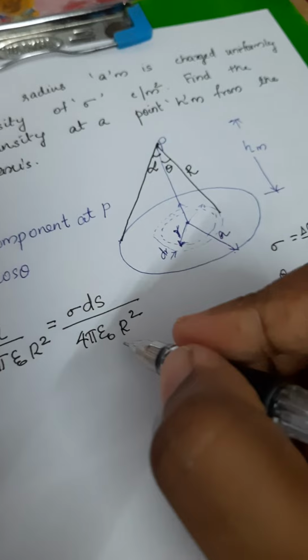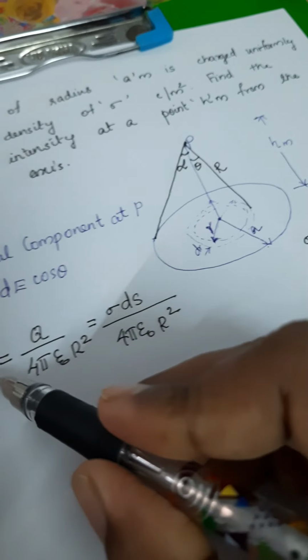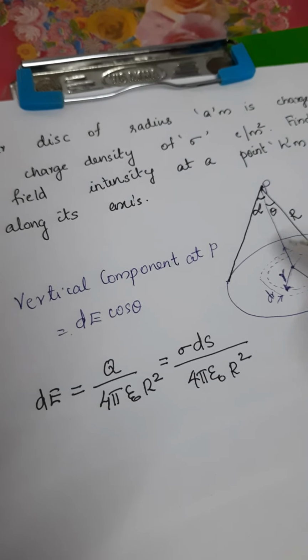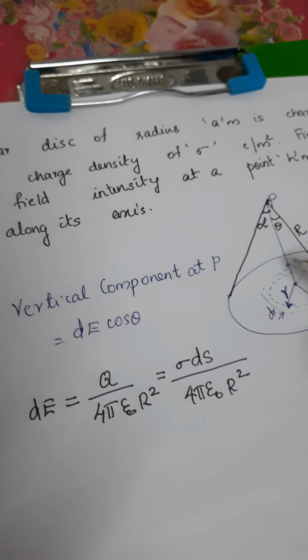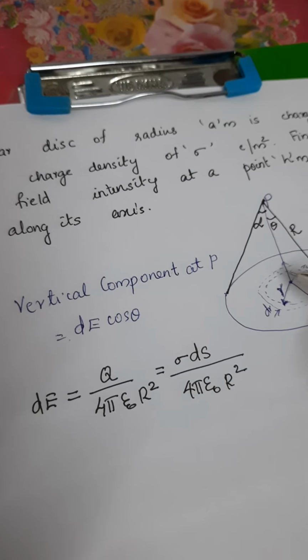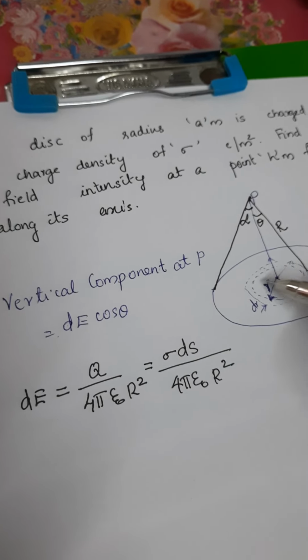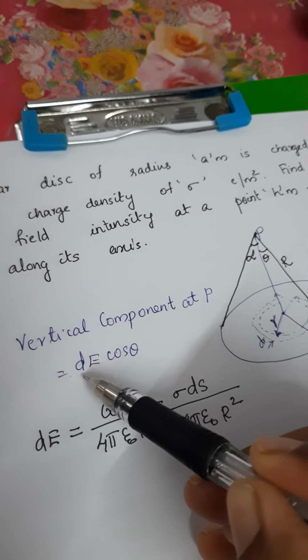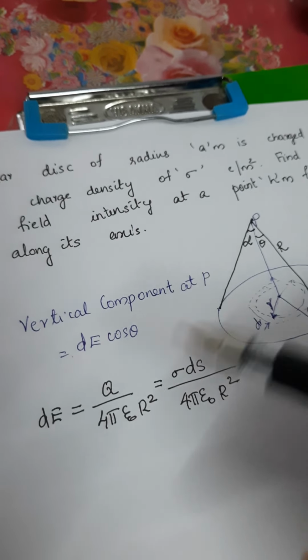Now this is only dE, but we already found out that only the vertical component exists. The electric field intensity has only the vertical component, and all the horizontal components cancel out. So we have only the vertical component of the electric field intensity, that is dE cos theta.